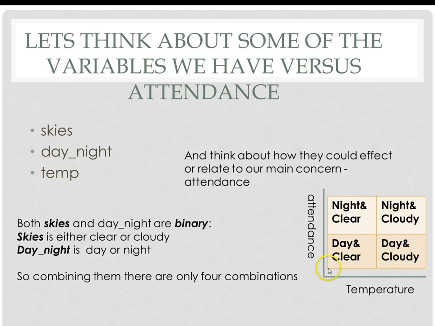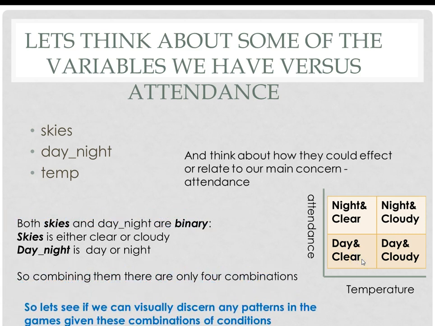We're going to have temperature here, and then temperature here, right? Because these are separate graphs, basically. We're just putting them all next to each other. And then temperature here, and temperature here, and attendance here, attendance here, okay? So we're going to do that. So let's see if we can visually discern any patterns in the games given these combinations of conditions.